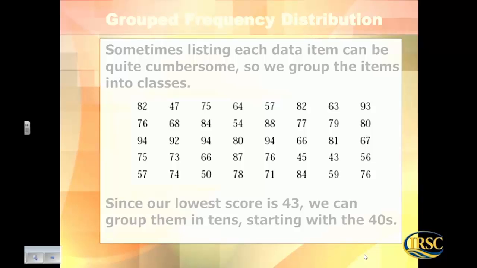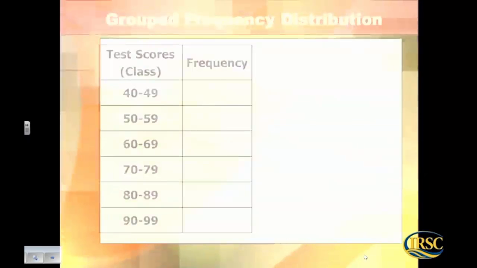So if you have your handout, then you have a frequency distribution chart that's blank in there. So you can fill it in like this with your test scores. So starting at the top, 40 to 49, and then 50 to 59, 60 to 69, and so on till you get to the 90s.